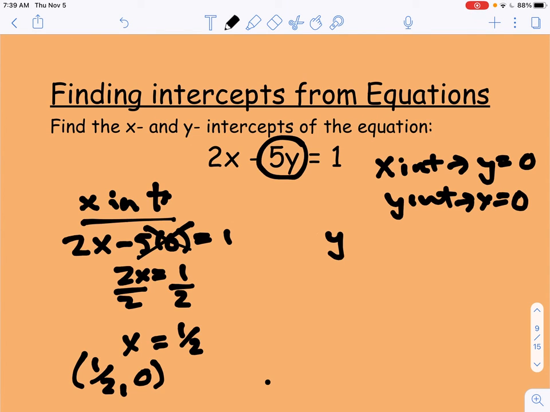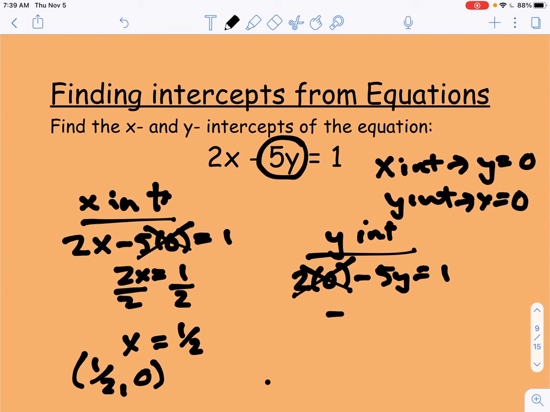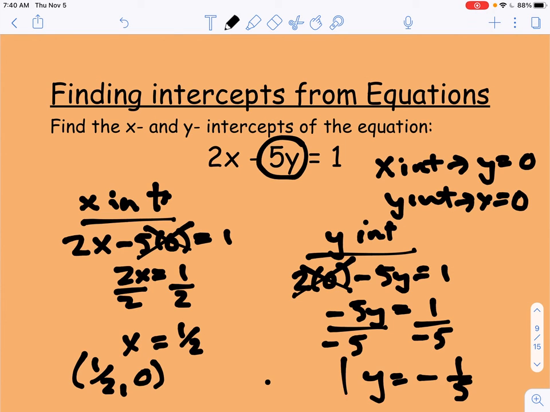And then for your y-intercept, you do the same thing, except you make the x term 0. So you go 2 times 0 minus 5y equals 1. This goes away because anything times 0 is 0. You have negative 5y equals 1. We divide both sides by negative 5 to get y by itself, and you get y equals negative 1/5.